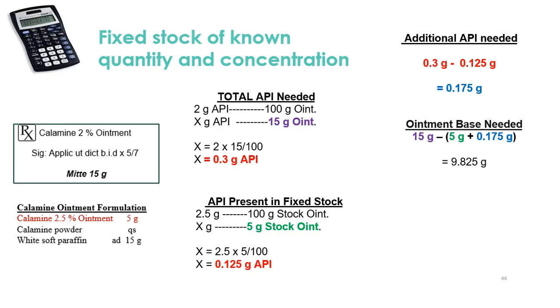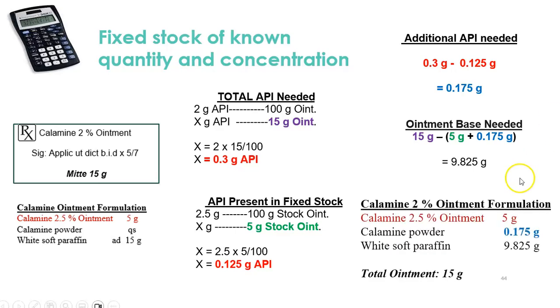And so students, you have to always add to make sure that the recipe adds up to the total, and that's how you know if you're on the right track. So if we add 5 grams of ointment, which has hidden in it 0.125 grams of calamine, additional calamine powder, which is 0.175 gram, and white soft paraffin 9.825 grams, you'll see that it all adds up to 15 grams. If a student should give us QS 15 grams, a penalty will be applied because we will not know how much white soft paraffin to weigh and measure.